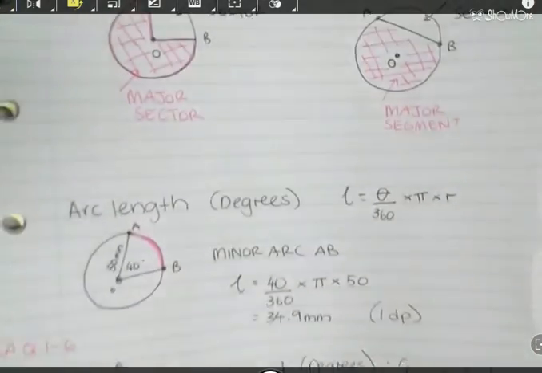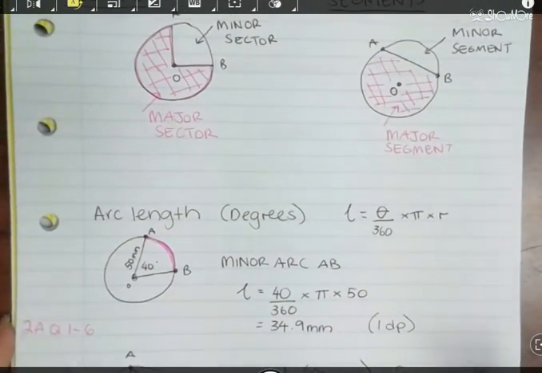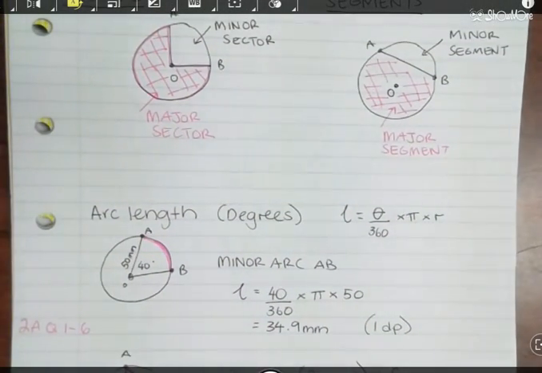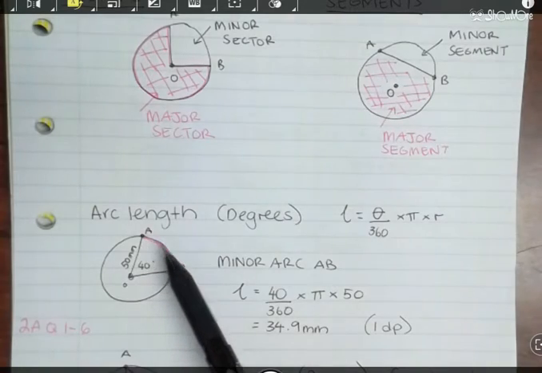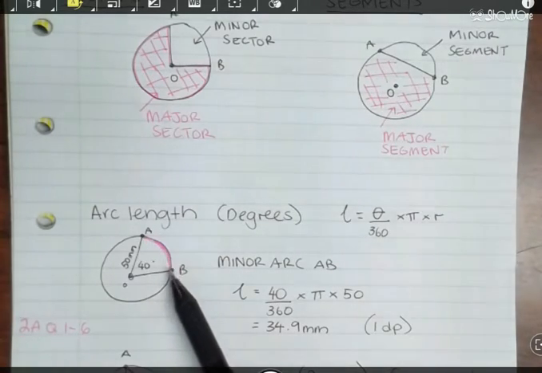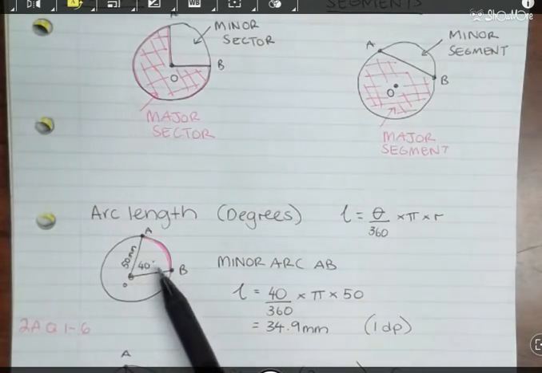So if we go into figuring out what the arc length is going to be, the length of an arc is just part of the circumference of a circle. Circumference we calculate by going pi times 2 lots of the radius, or pi times the diameter. For us, we're relating it back to just a section by using the angle.